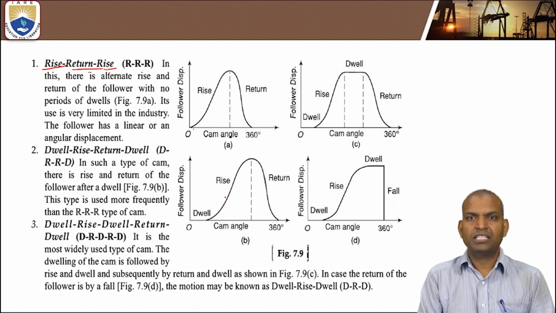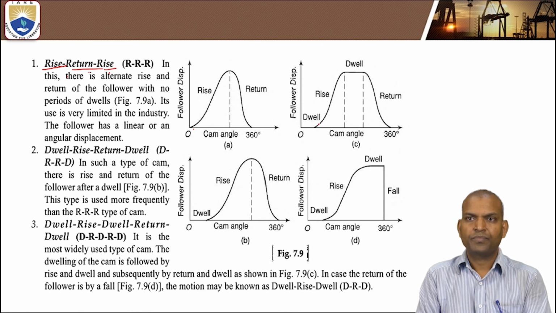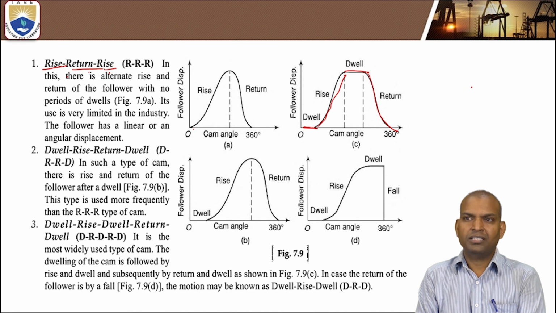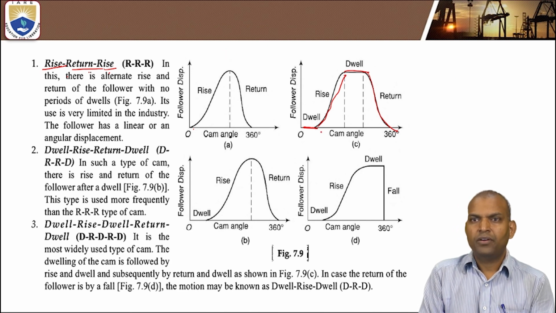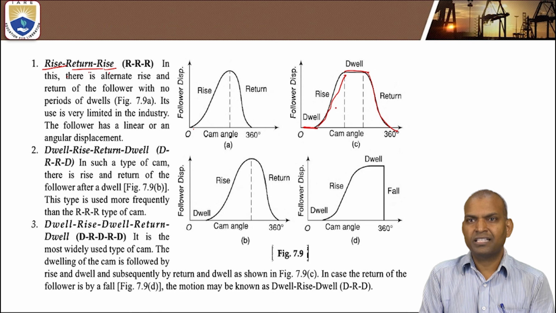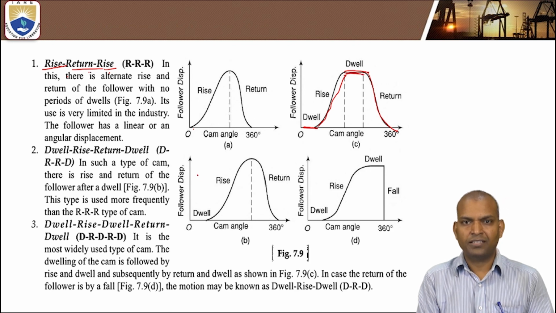Whereas in the figure, in the case of figure B, there is a dwell at the starting portion, there is a rise, and again dwelling and return. Suppose rise and return means the cam will be in a different shape. For this, dwell, rise, dwell, return, this is called DRDR. So here the dwell remains constant, that is another.